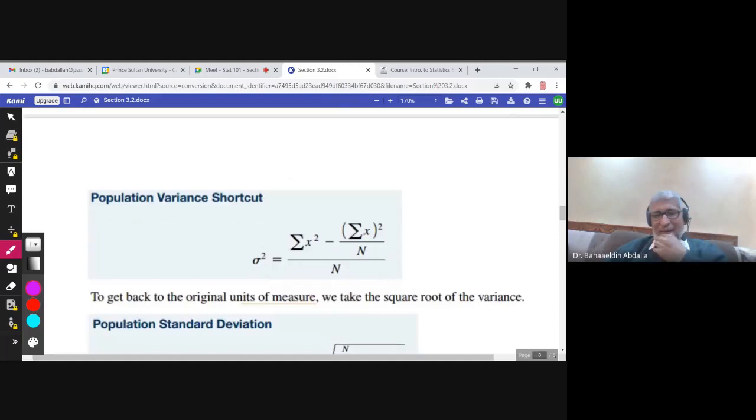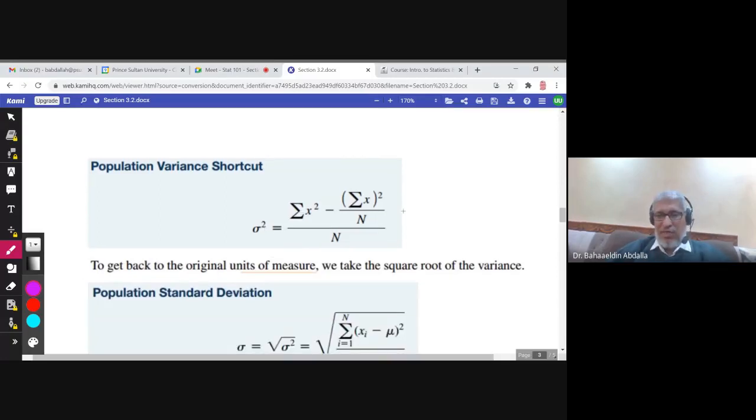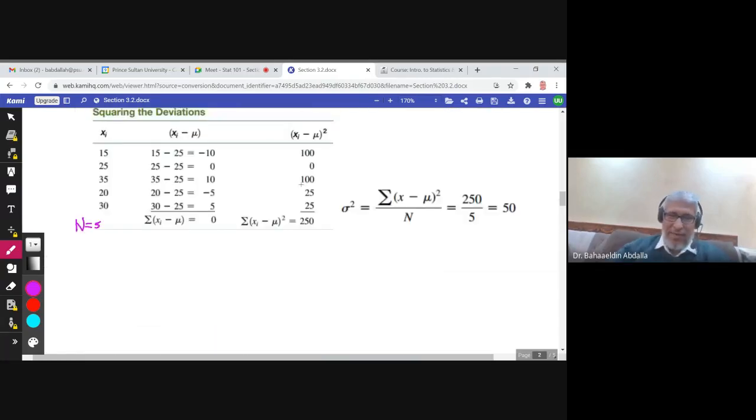There is another shortcut or another formula. They call it the computational formula, because we usually use this formula, not the previous one. This is somehow easier. All you need is summation x and summation x squared. You already have summation x because you evaluated mu.